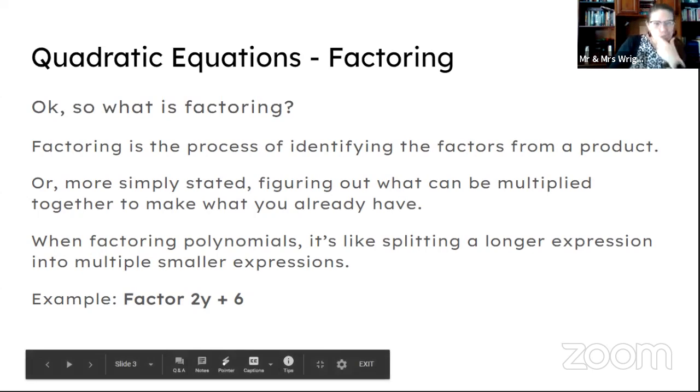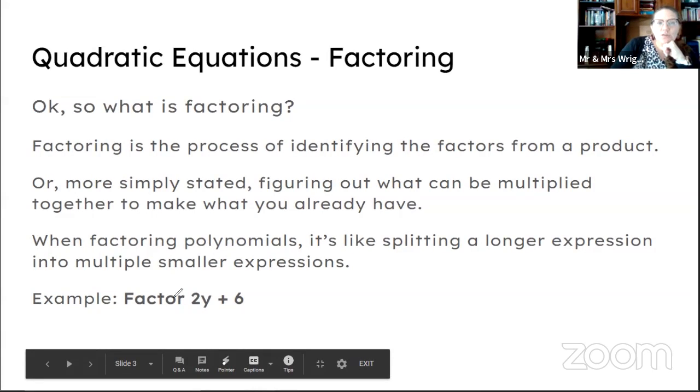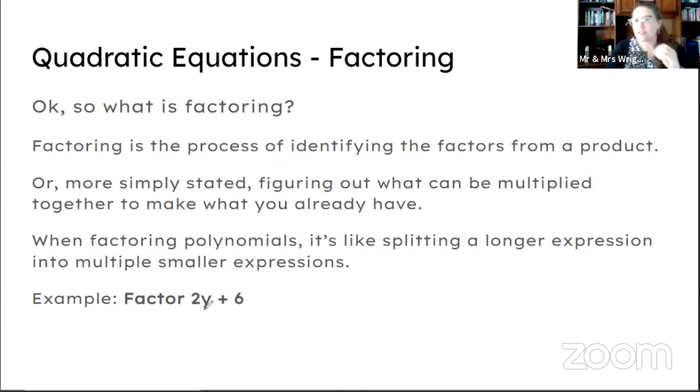So what we have here is an example. We're going to factor 2y plus 6. And so the easiest way to factor this that we can see, what are some things that can be multiplied together to make this? Well, I can see that they both can be divided by 2. And remember, division is the opposite of multiplication, right? So if I can divide something out of an answer, then that must be one of my factors, okay?